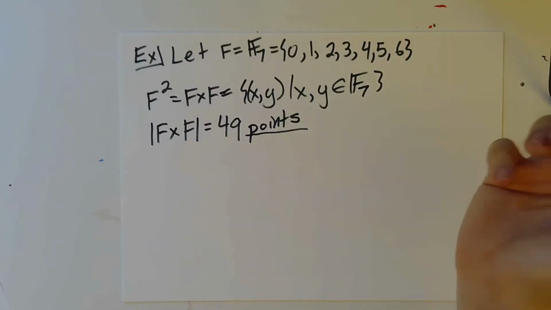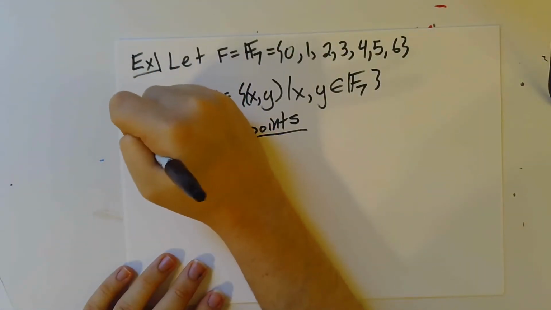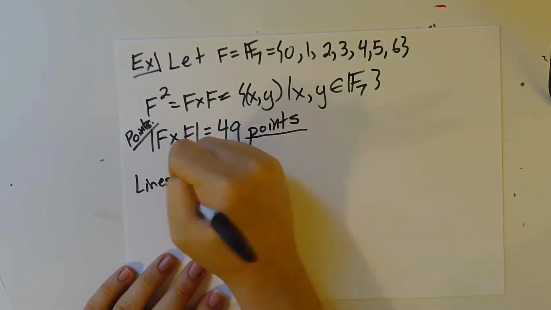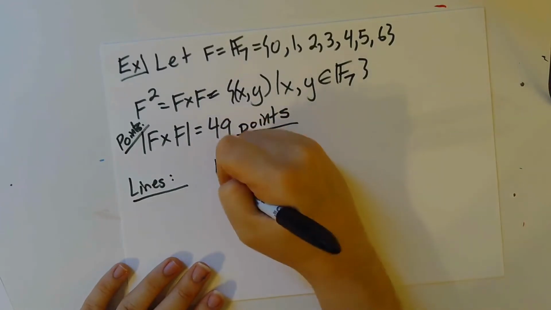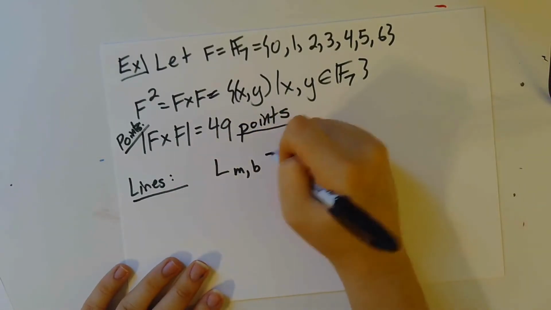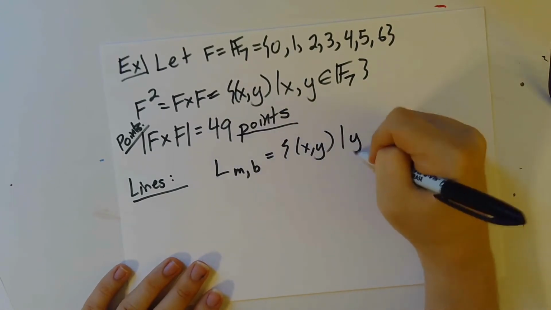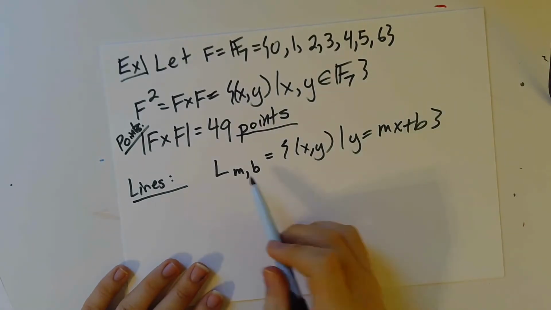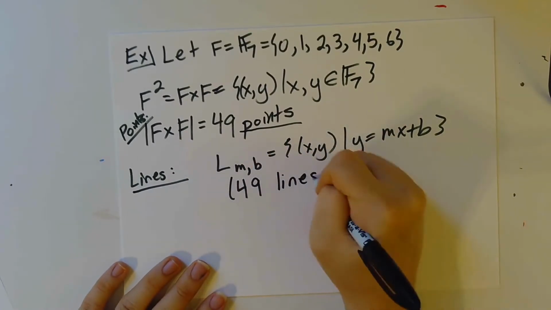Then we have our lines. So these are the points, and we have our lines. We have these L_{m,b} sorts of lines, the set of all (x, y) where y equals mx plus b. This is for each m and b in F, so that means there are 49 of these.